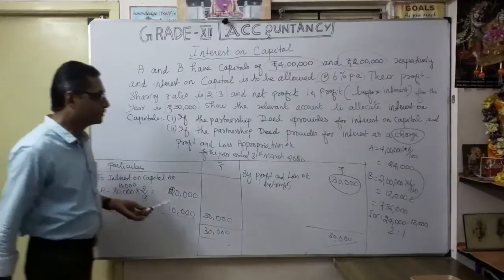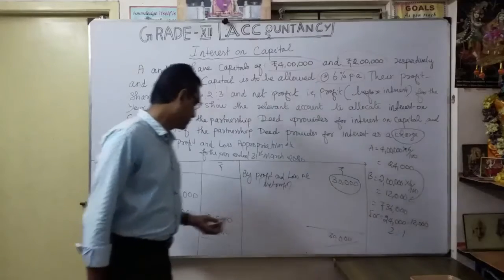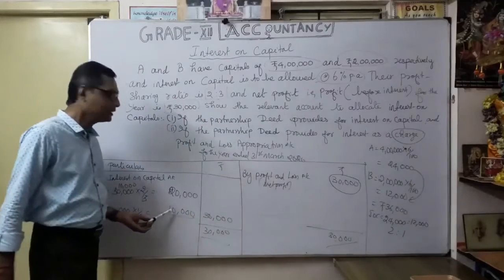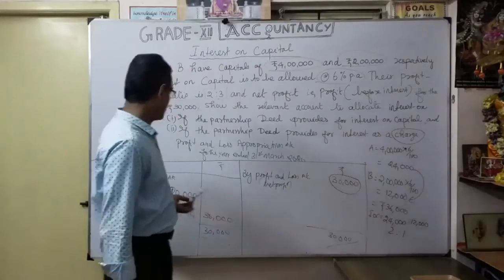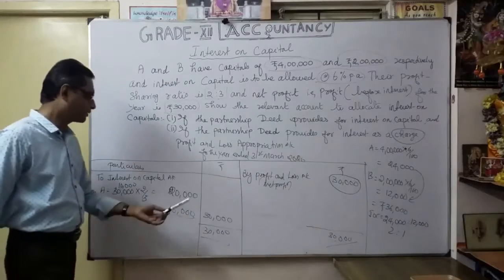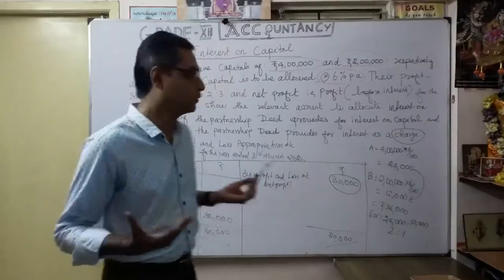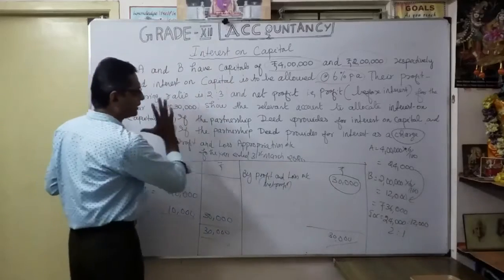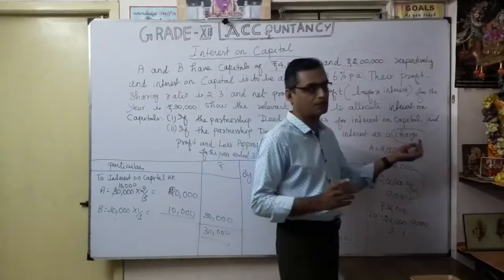Similarly B, even though B should get 12,000, will get only 10,000. So the profit of 30,000 is distributed to A, interest on capital 20,000, and B, interest on capital 10,000. Now there is no surplus transferred to the capital accounts. Understood? This is the first case, when the partnership deed provides for interest on capital.